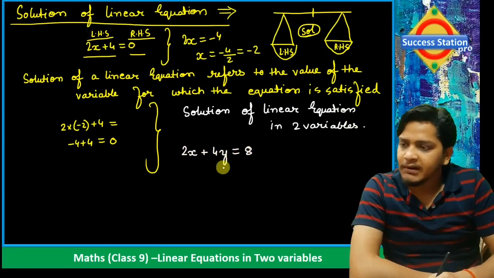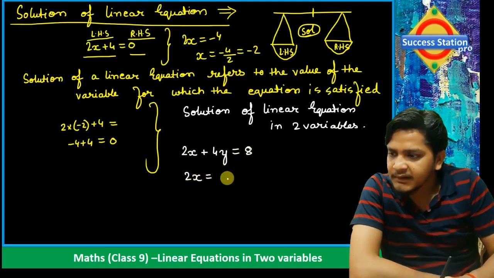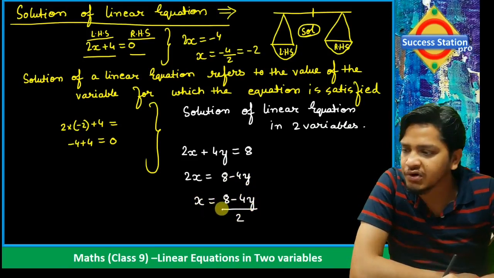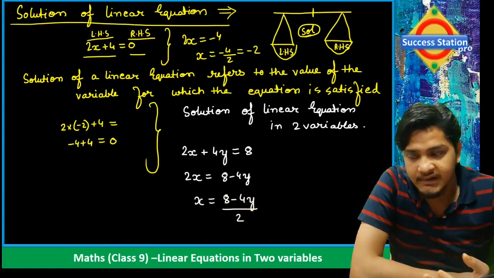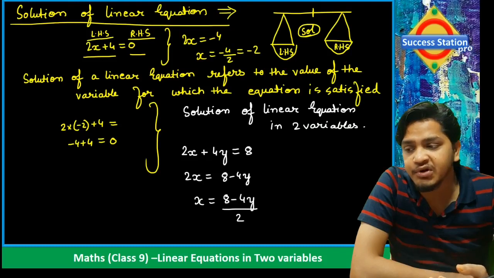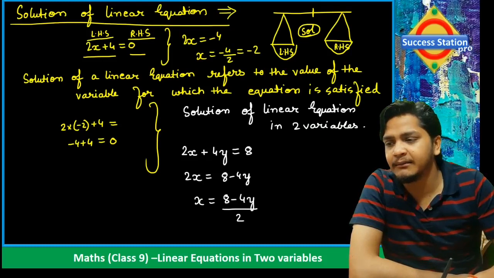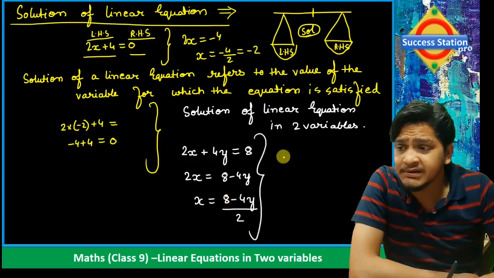Now we can say x equal to 8 minus 4y by 2. We didn't get any exact solution of x. We got the solution of x in terms of y. So we are not getting an exact solution by the transposition method, so obviously we can't apply it here. There should be some other method, right?